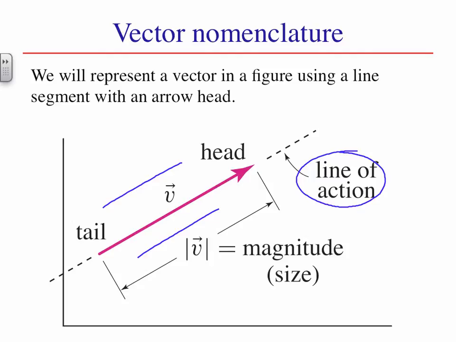Lines of action are particularly important in equilibrium. We will see that the effect of a force on a body is unchanged if we slide the force along its line of action, and it is often convenient to slide forces along their lines of action when performing vector operations.